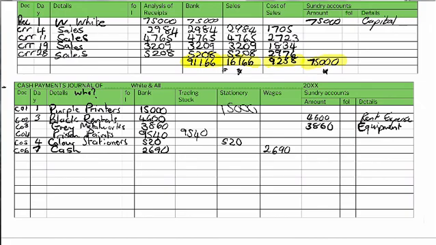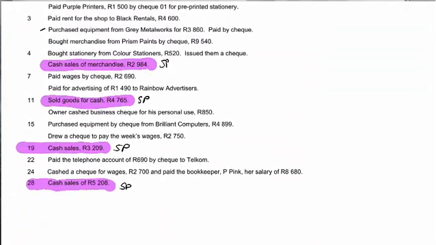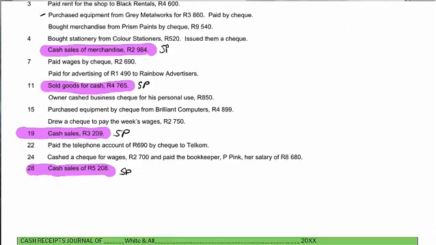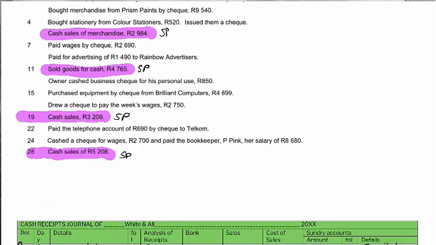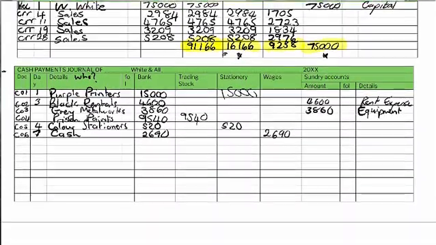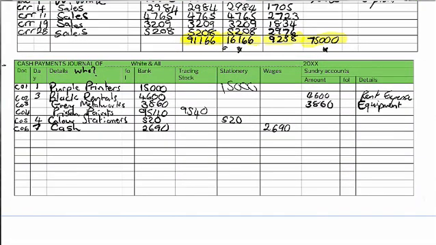Okay, thanks Alita. On the same day, we paid for advertising 1,490 Rand to Rainbow Advertising. Bongiwe, talk to me. Rainbow Advertisers. Excuse my spelling.